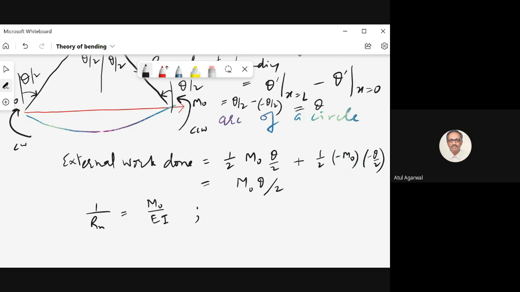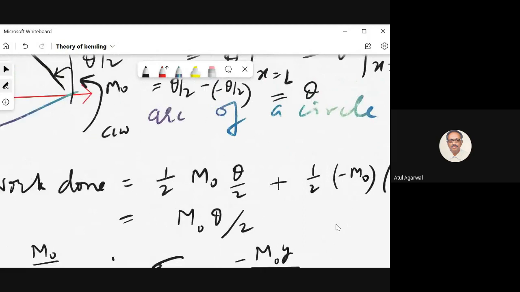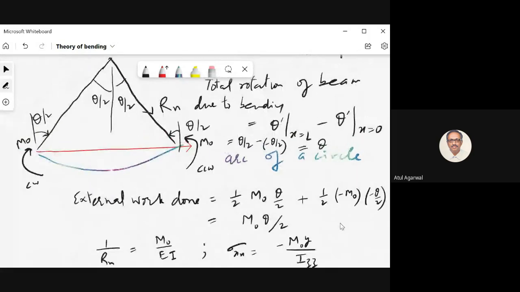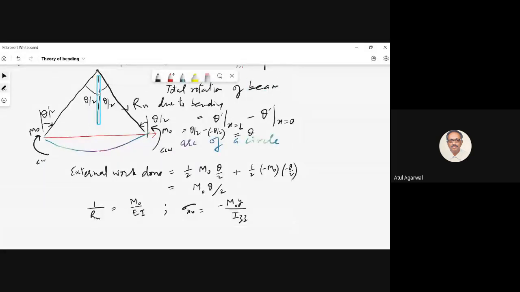Also we had derived an expression, sigma xx is equal to minus My by I. You see, here your y is positive.